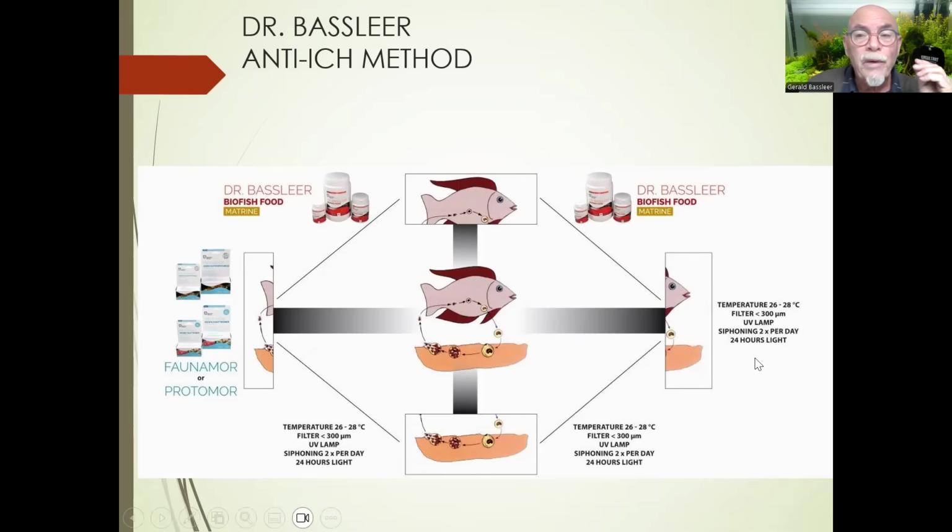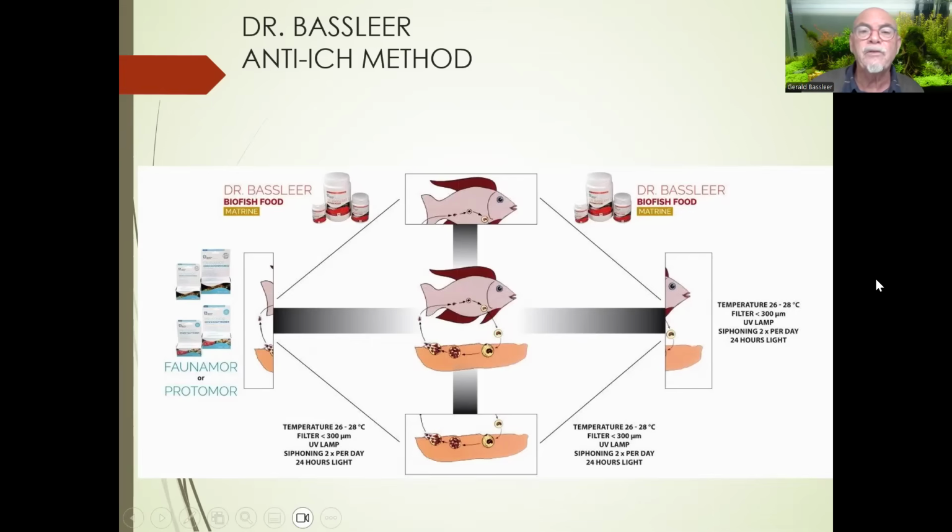Leave the light on 24 hours, so the parasite does not reproduce. Meanwhile, you can siphon off the parasites waiting at the bottom for days to become mature and make the babies. And at night, the babies will come out. But if you have siphoned the bottom, you eliminated them. And you leave the light on, they keep on waiting till it gets dark. And at the same time, use medication.